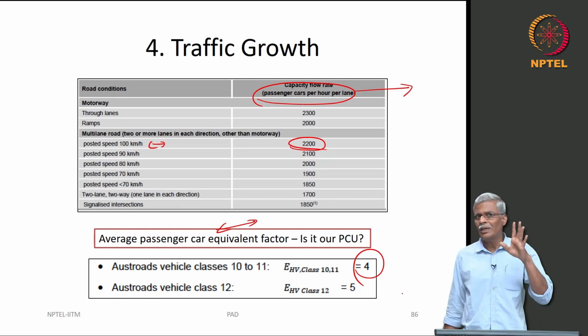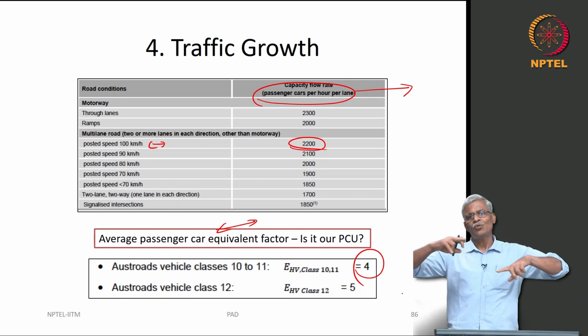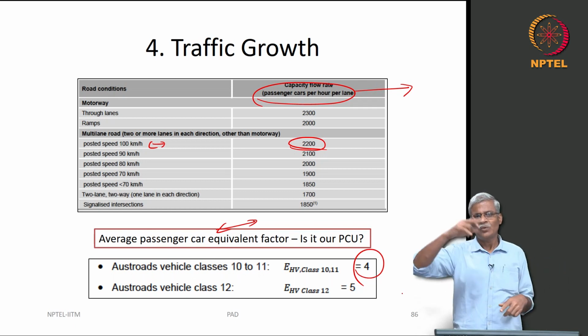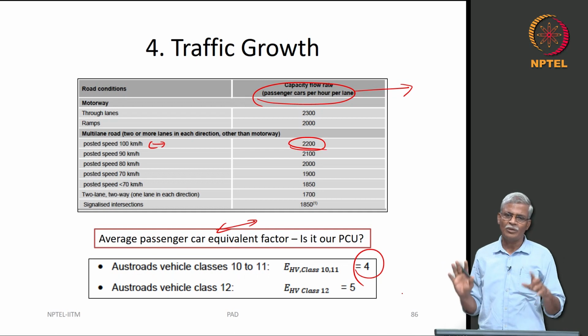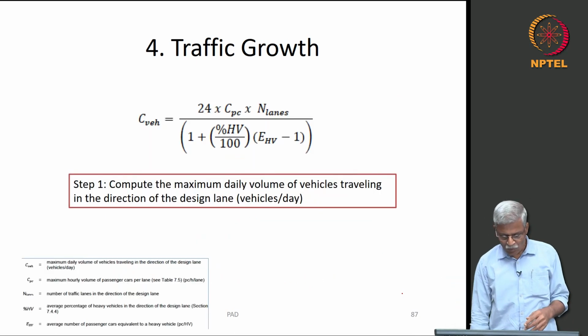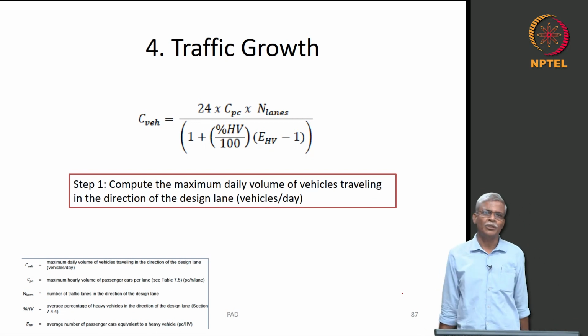Now you need to understand how we are linking the saturation flow capacity with the traffic growth pattern that we are looking at. It is going to be something like 4 or 5. Okay, so now how do we use this information?